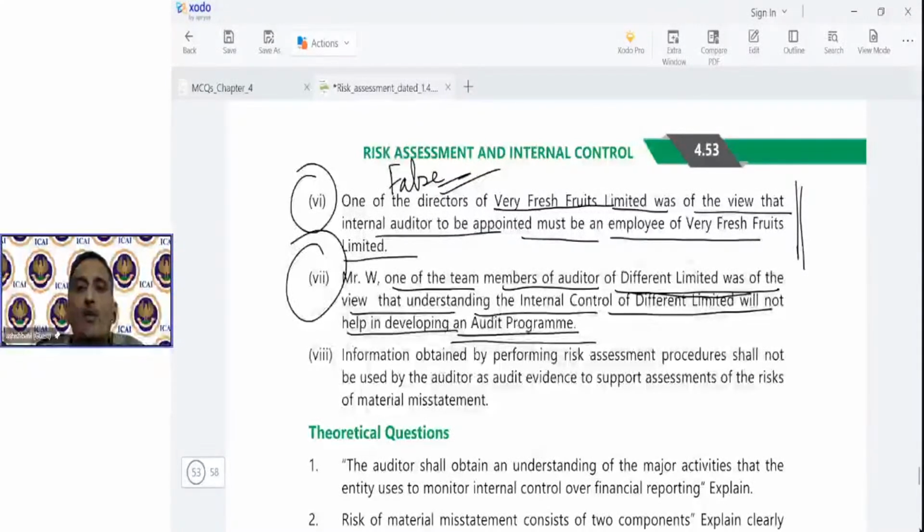Is it true or false? Yes, it will help him. Sonali, Komala, Himanshu, all of you have answered correctly. It is also a false statement.